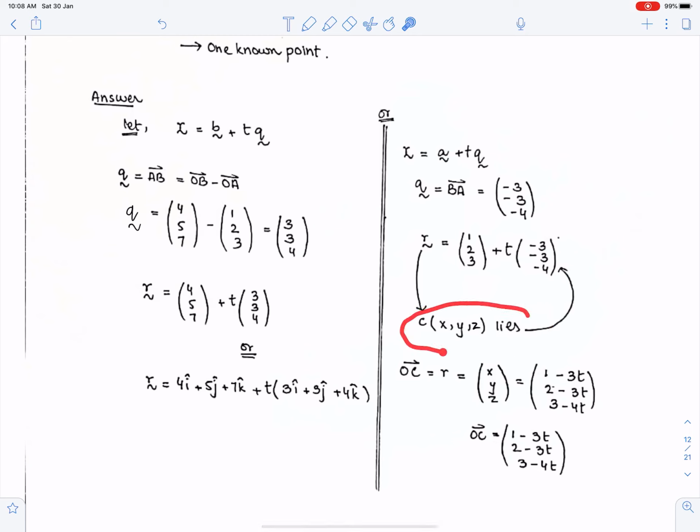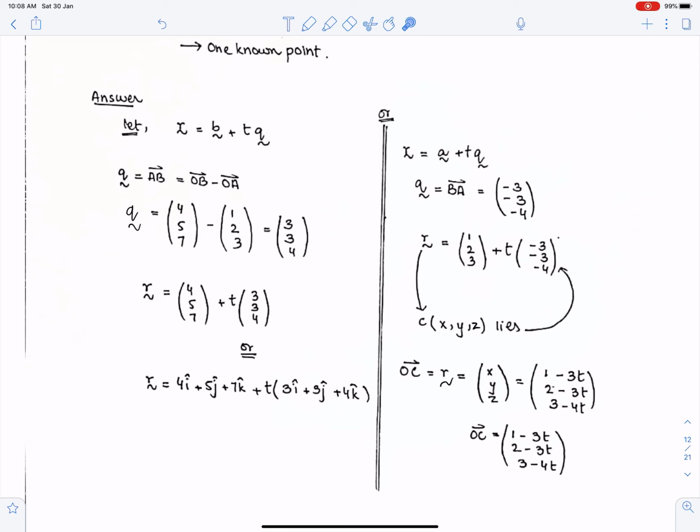Since C is unknown, C lies on this line. Therefore, you need to replace R by C. So OC will be R, and if you add these two vectors, you'll get this. So this is the position vector of the unknown point on the line in terms of t.